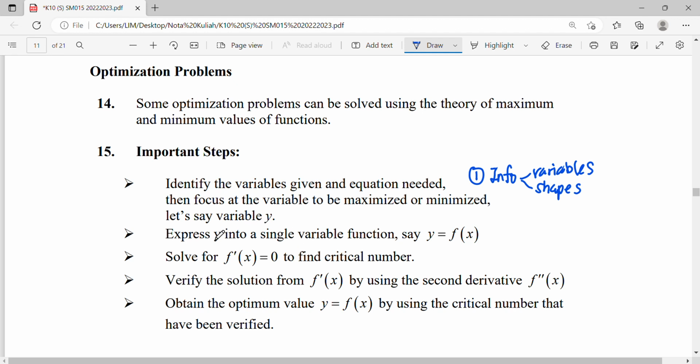So let's say y is to be maximum or minimum. Your y equation should be expressed as a single variable function, like y in terms of x. So number 2 is getting the formula in a single variable.